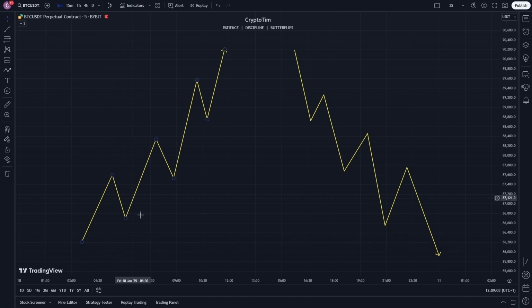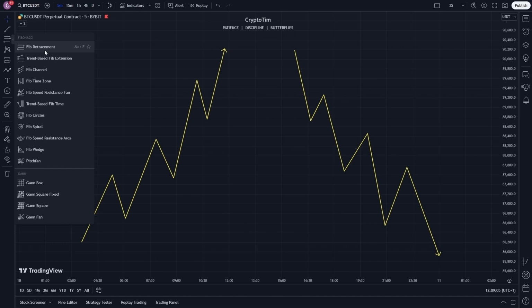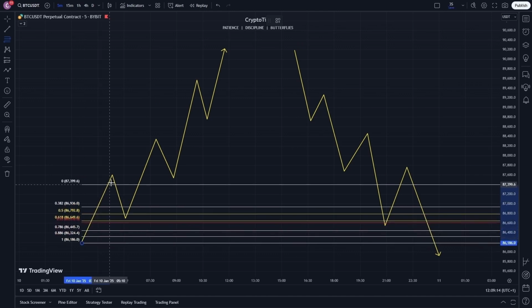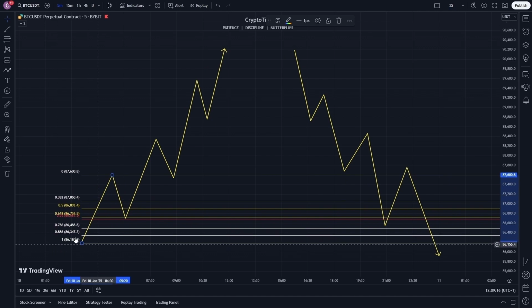Left to right is always with the trend. For example, we have this uptrend here. If we look from our starting point, our initial move up, from left to right, with the move up, we see we have the retracement here in our golden pocket.